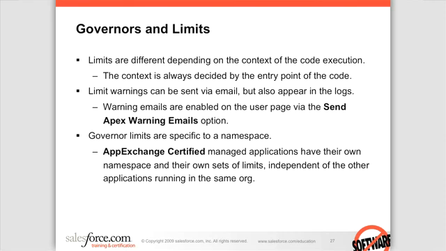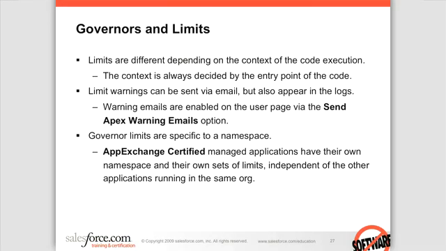As I said, limits are different depending upon the context of the code execution. We have 3 different limits that we apply, and I'll show you those in a second. Limits can be sent via email. They also appear in our log files. One of the things I'll show you later on is the system log and the debug log.